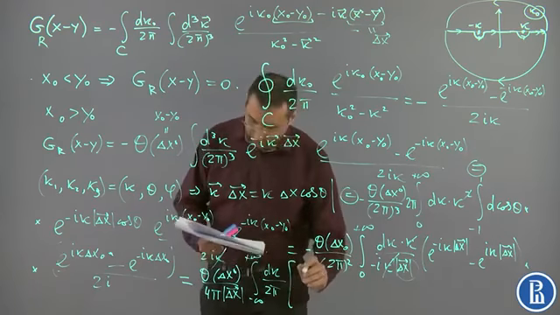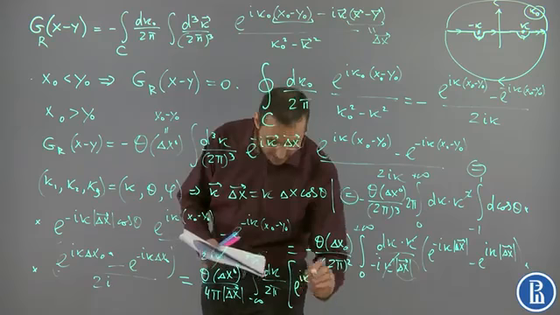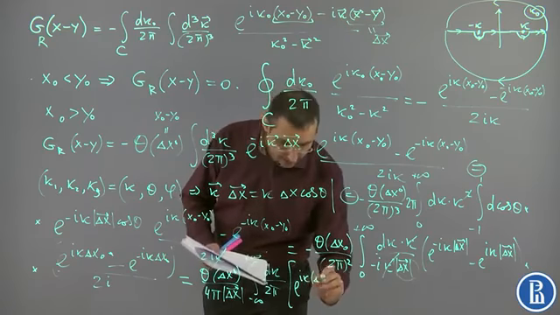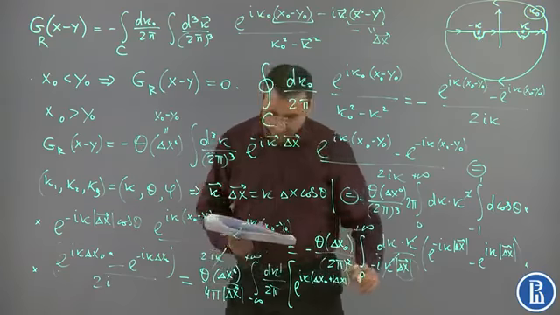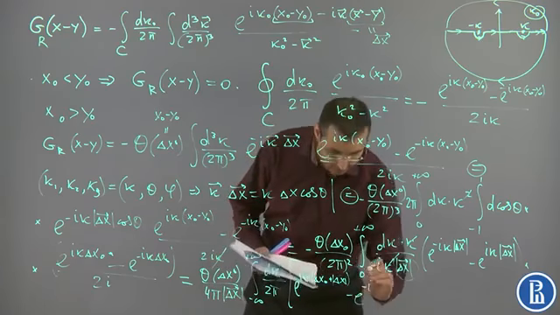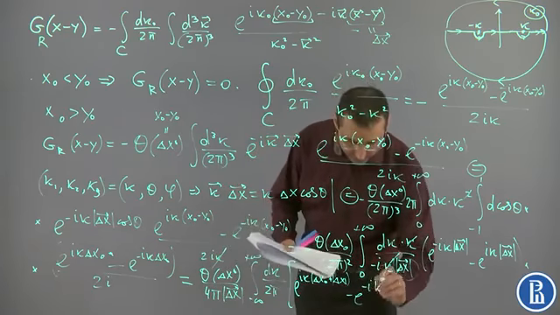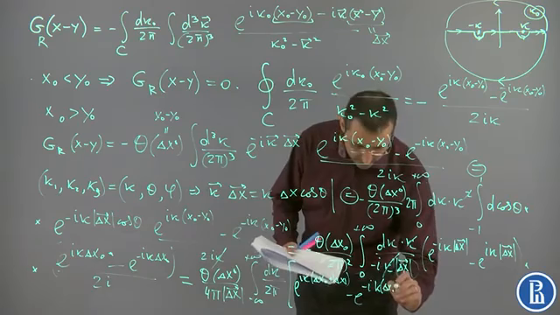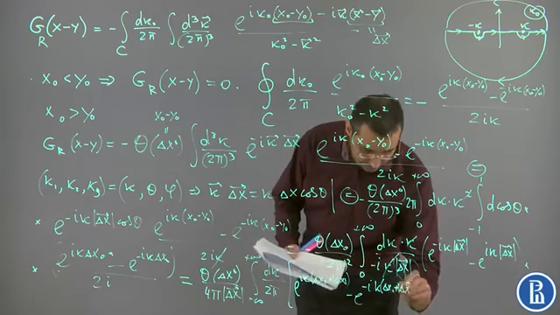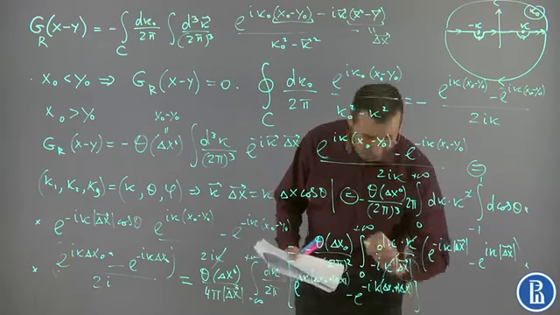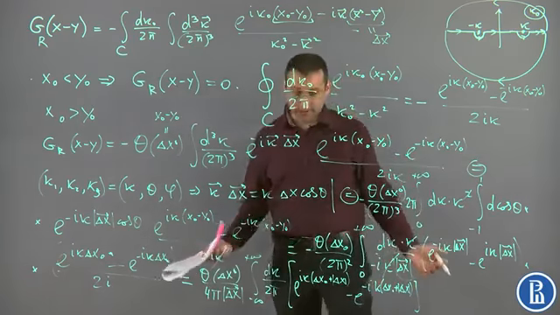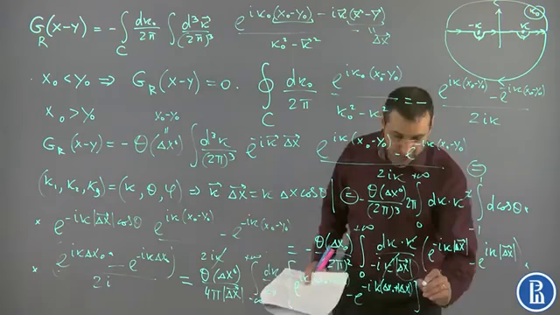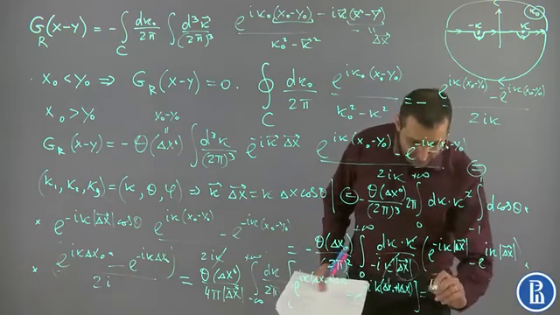So the result is the following situation: exponent ik (delta x0 plus modulus of delta x) minus exponent ik (delta x0 plus delta x modulus). Okay, but these integrals are very simple. They just lead to delta functions. So what do we obtain?